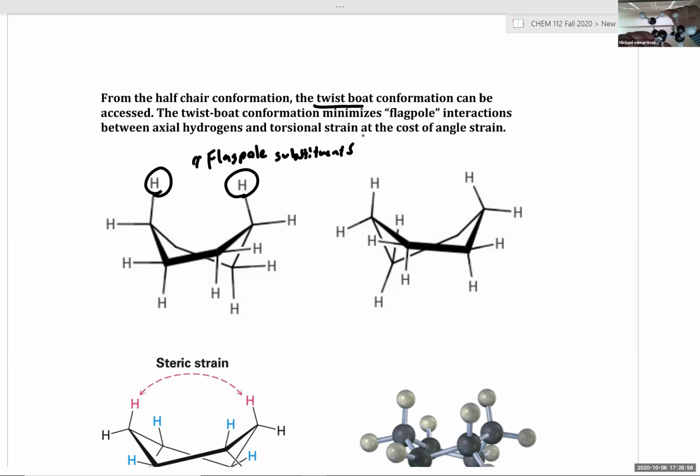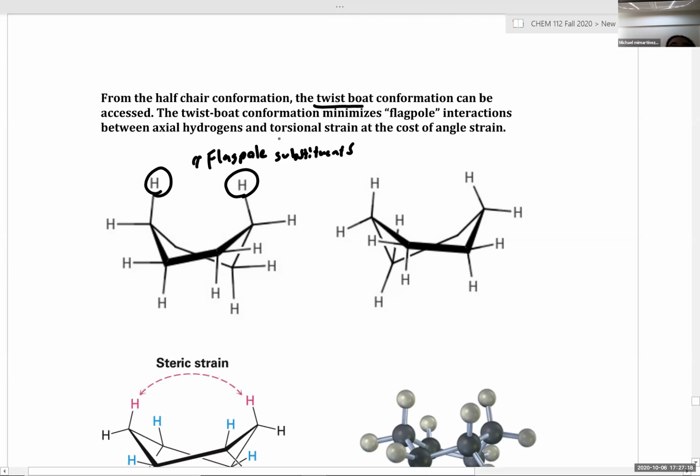Does everyone see how this twist can help separate our flagpole substituents? Okay.